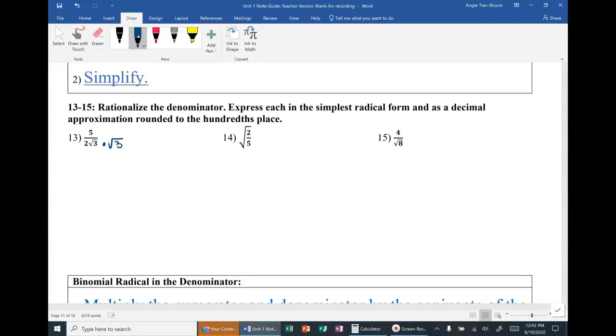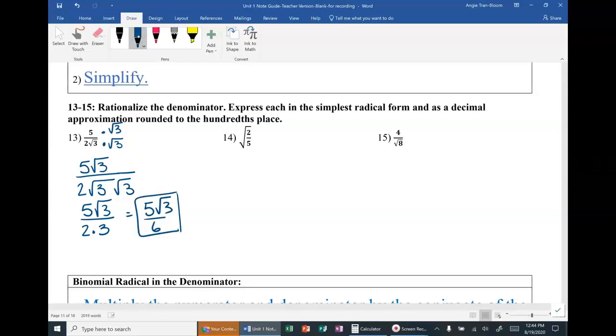So that's why we're multiplying the numerator and denominator by the same exact radical. So this is really now 5 times radical 3 on the top, 2 times 3 on the bottom. Technically, I have 2 square roots of 3. Well, 2 square roots, that's really a pair. So that's why it allows us to clear the radical in the denominator to give us an answer of 5 times square root of 3 all over 6.